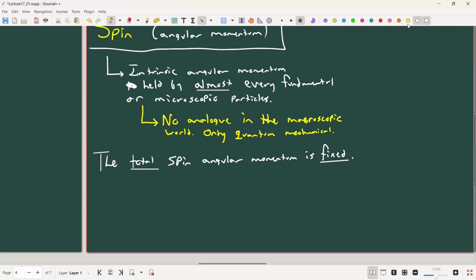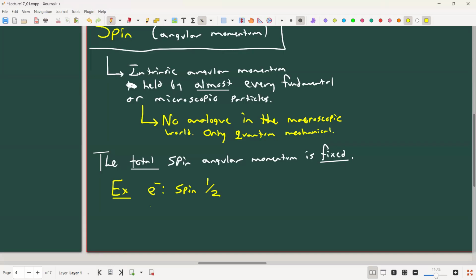So some examples. The electron has spin 1/2. It has half a unit of angular momentum. We'll have to understand why that is in a second, because we've seen things that are 0, 1, 2, 3, 4, 5, 6 units of angular momentum. Here's one that's in between, kind of a weird number.